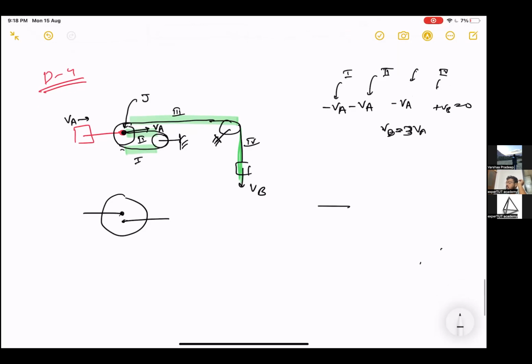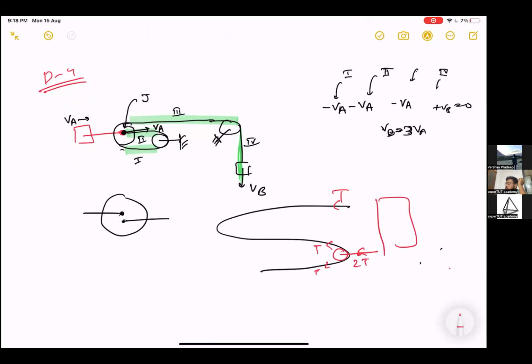So this string has T tension. Can you see my screen? Yeah. So here T will act, but this pulley, so this is T, so this thread is 2T. So on the block B, it is actually T plus 2T.